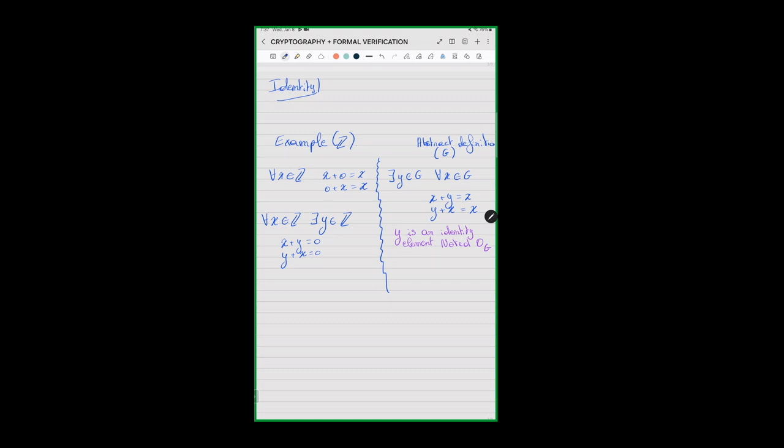Very often we call it minus x, so it's what we call the opposite. So that's one property.